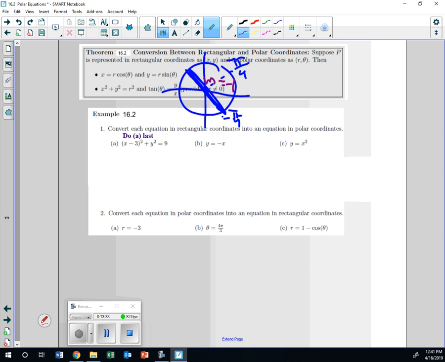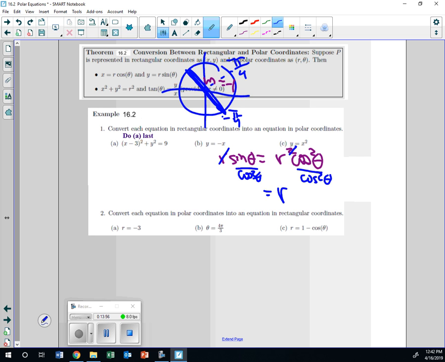Y equals x squared. Our sine theta, our cosine squared. Divide one of these r's out, and then I would divide by cosine squared.